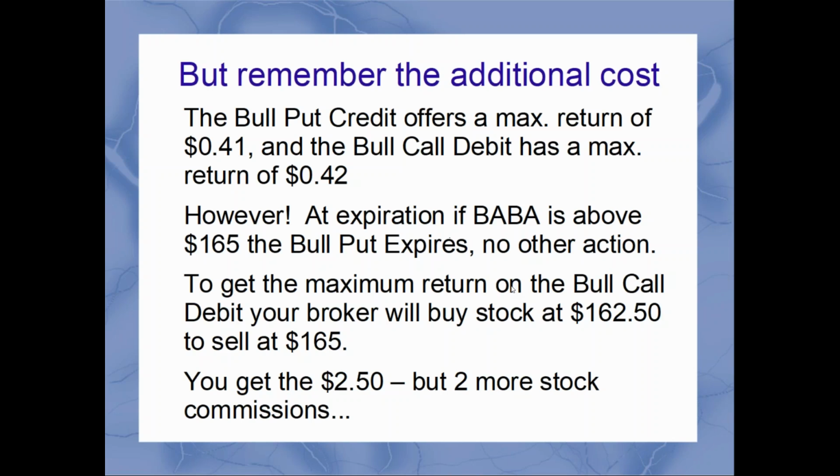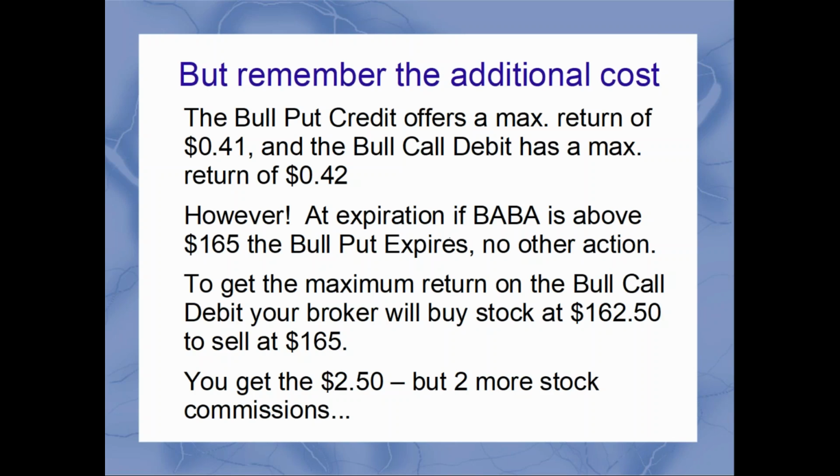Bull put credit, maximum return of 41 cents, and the bull call debit had a maximum return of 42. The credit, you receive that 41 cents up front. The debit, if you get closed out at full intrinsic value at 250, you paid 208, you get 42 cents back. Okay, so 1 cent more. And in a leverage trade, that works out to be 0.6% higher return.